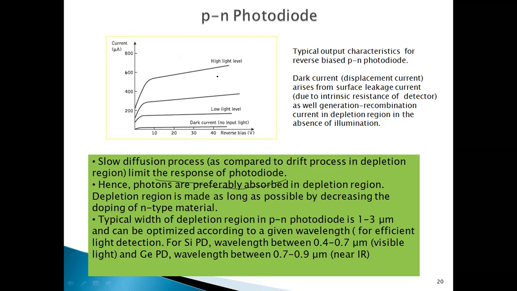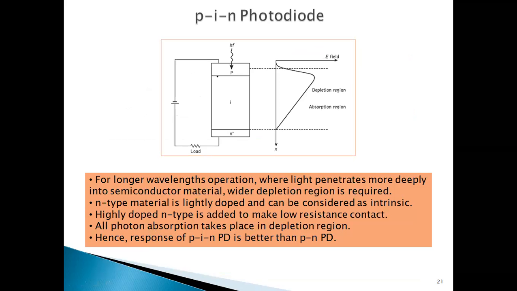Okay. So we have the second type of photodiode without internal gain, which is the PIN photodiode, and this figure shows the PIN photodiode. This is quite different from what we have learned previously for the PN case. Okay, hf is the photon incident on this PIN photodiode, and it's reverse biased.